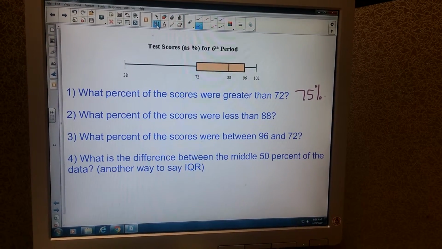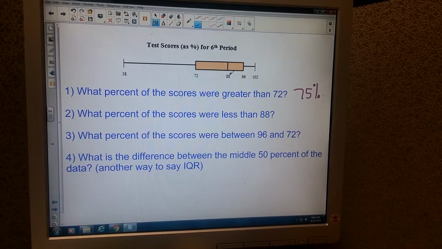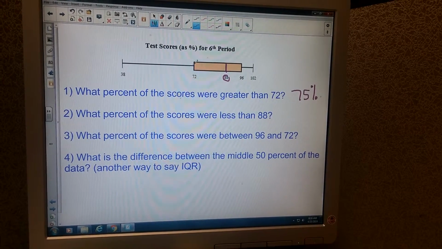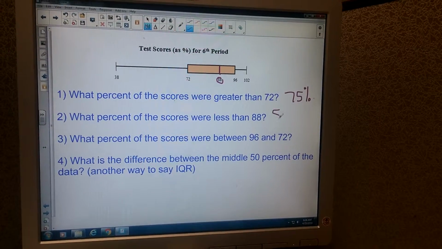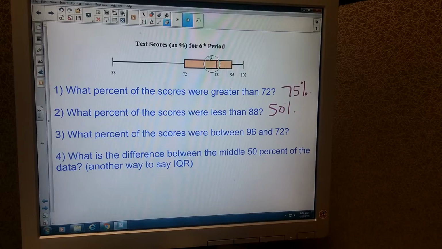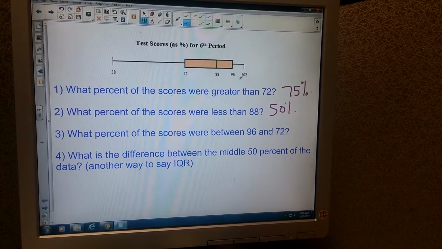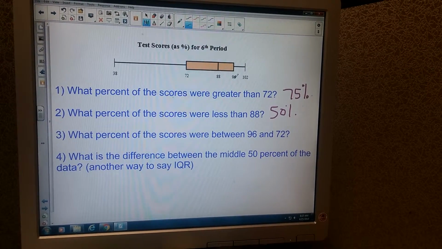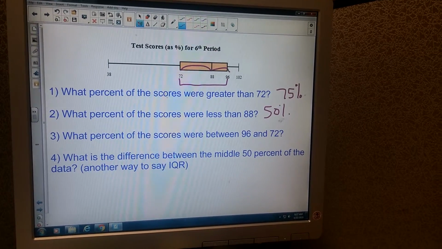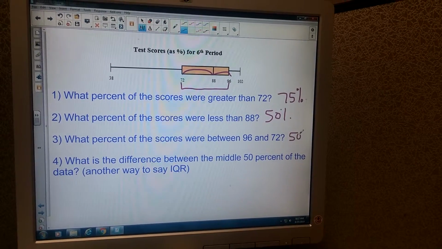Second question says, what percent were less than 88? Well, here's 88, which is the median, and there's 1, 2 sections there, so 50% of the data is less than 88. What percent of the scores were between 96 and 72? That's the box right here. 25 and 25 means half of the data falls in there.